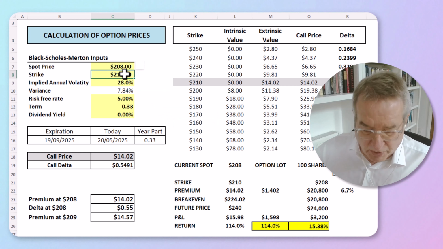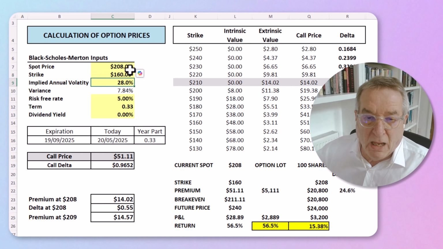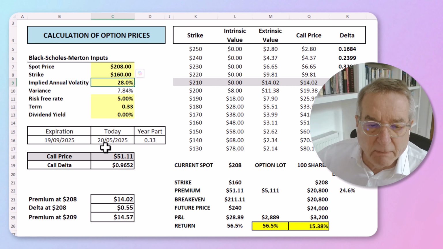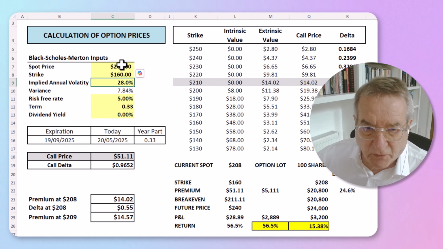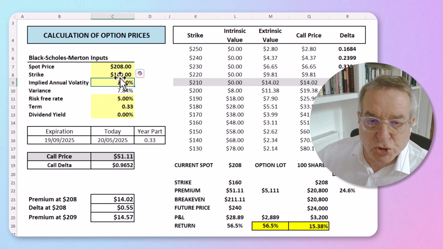So I'll type in the 160 here. And as can be seen, the new price for this setup, where the only change I've made, all the others remain constant, is to reduce the strike. So this is now quite significantly in the money.